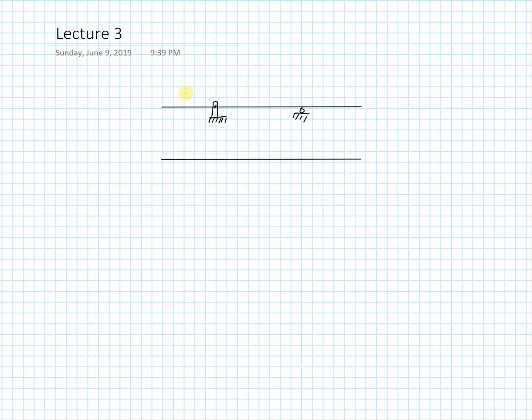And the lengths given are L, L, and the point of interest is here in the middle. So we have L over 2 and L over 2. This time we're getting asked the question of find the location of the moving force that results in maximum bending moment at the location of interest.